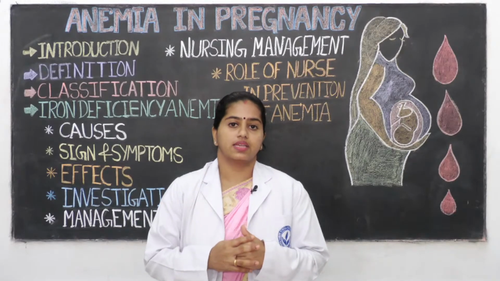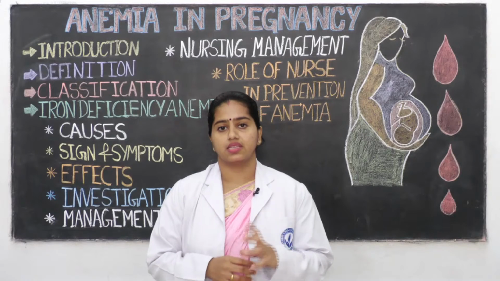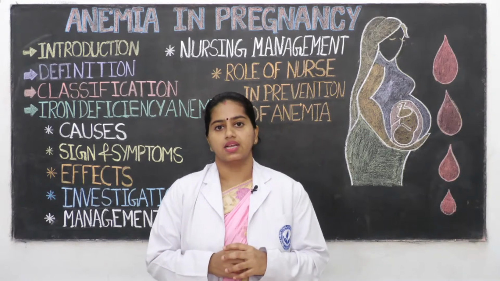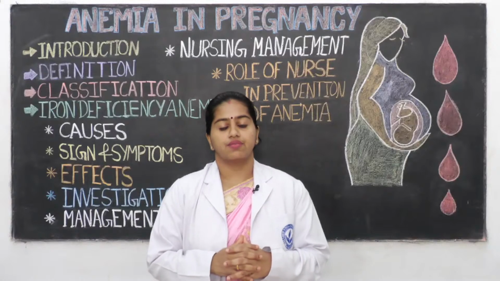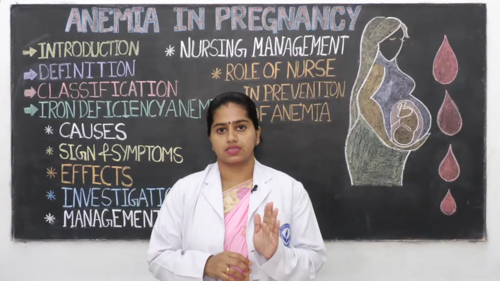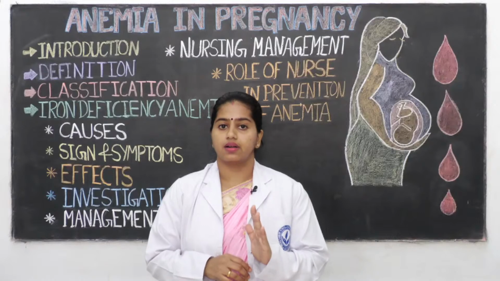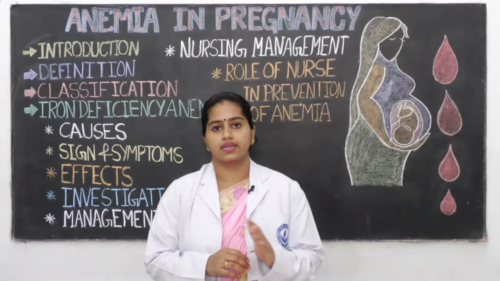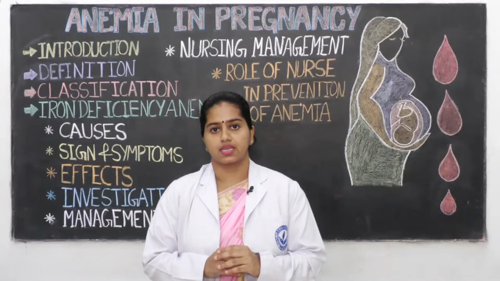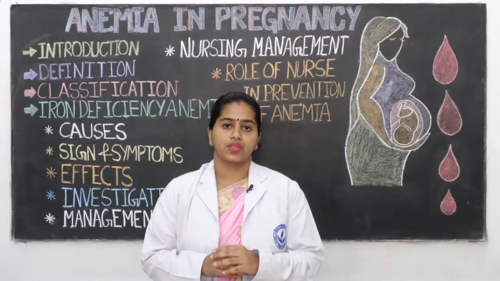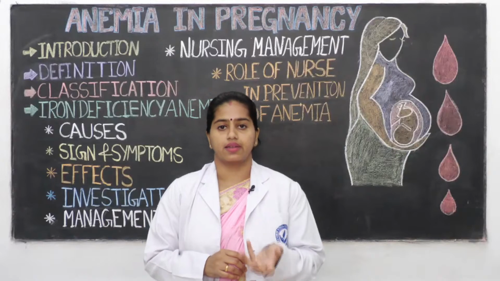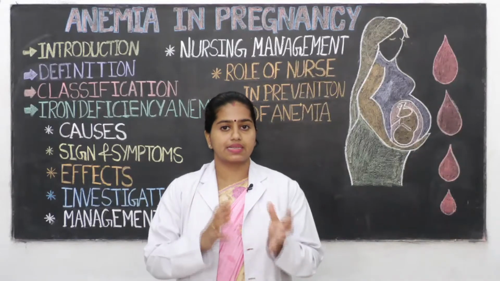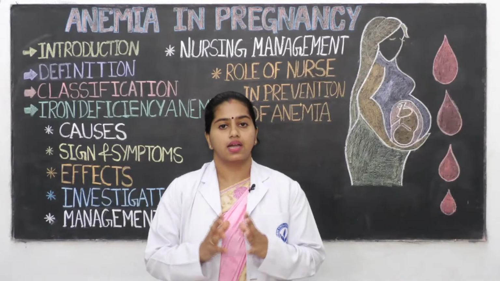Next is investigation. The main thing is the blood investigation. In the blood investigation, a complete blood count can be analyzed, and we look at the hemoglobin percentage. 11 gram percent or deciliter is normal for pregnancy. If it is less than 11 in the first trimester, less than 10.5 in the second trimester, or less than 11 in the third trimester, then it is anemia.